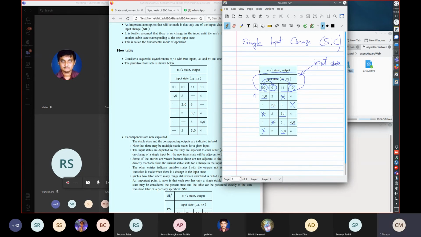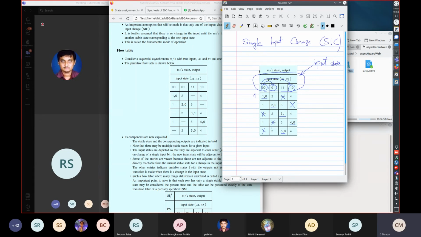Now let us look at the transition for 5. In state 5, if the input changes from 1, 1 to 1, 0, it makes a transition to 4, which is stable there. And if the input changes from 1, 1 to 0, 1, it makes a transition to state 2, which is stable.